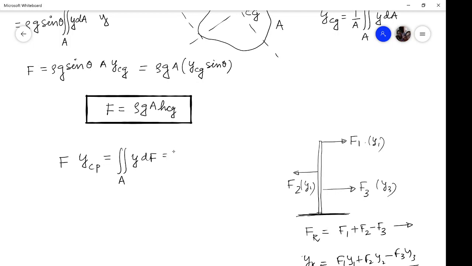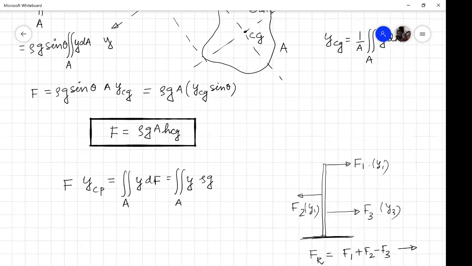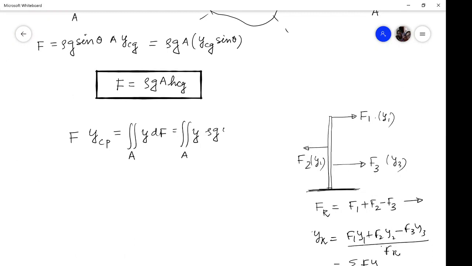Okay, so this is y. What is dF? It is rho g y dA sine theta.